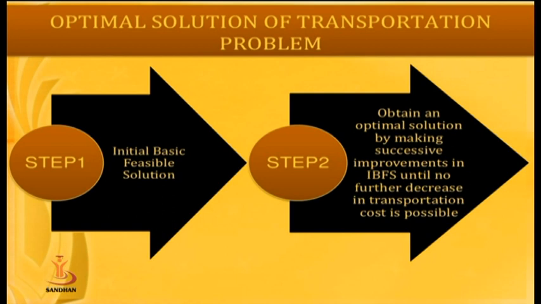So, with any transportation problem, we can say there are two steps involved. Step 1 is to find an initial basic feasible solution. Step 2 involves obtaining an optimal solution by making successive improvements in the initial basic feasible solution until no further decrease in transportation cost is possible.